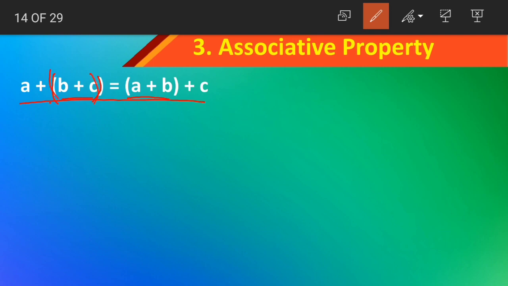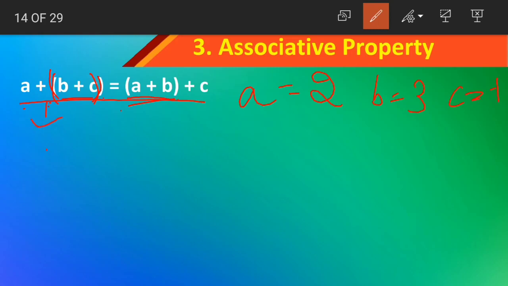The grouping is changed. First b plus c was a group, now a plus b is a group. Now what we have to prove is that even though the grouping is changed, the answer is same. Let us take the example of a is equal to 2, b is equal to 3, c is equal to minus 1. Okay class?